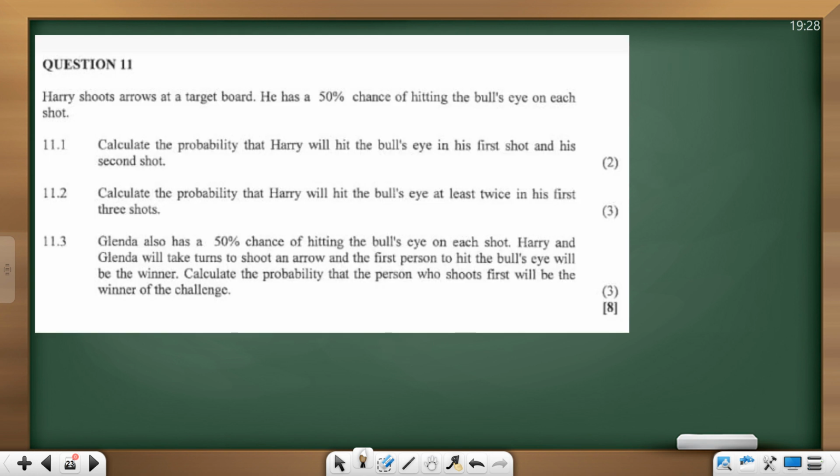Glenda also has a 50% chance of hitting. All right. We were still complaining about Harry, and all of a sudden, his ex shows up, saying she can. If you can do it, Harry, I can do it better. They say whatever a man can do, a woman can do better.